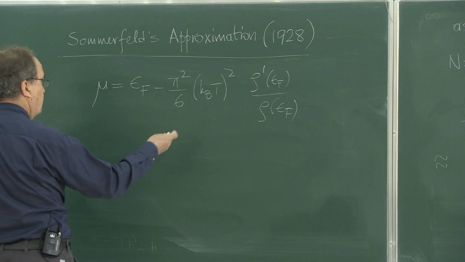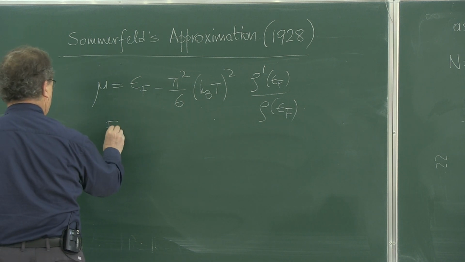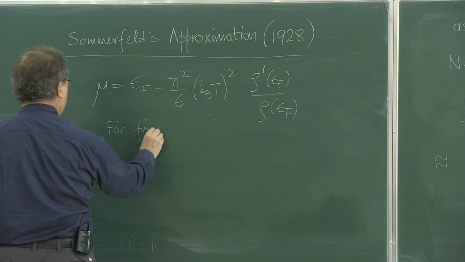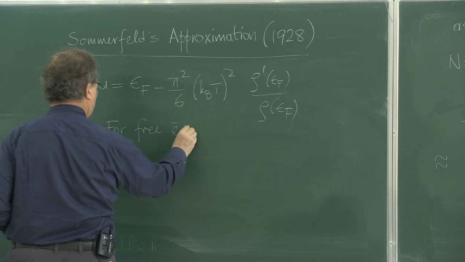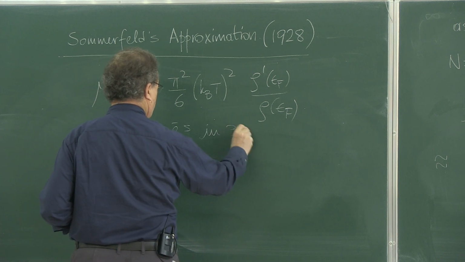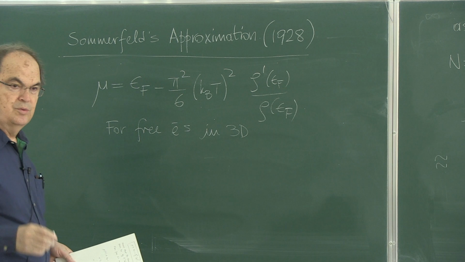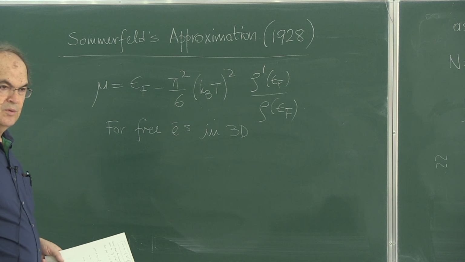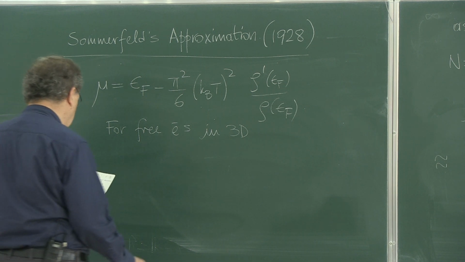Now, let's calculate this for free electrons, fermions, in 3 dimensions. You can do it in 2 and 1 dimensions. You know the form of the density of states.